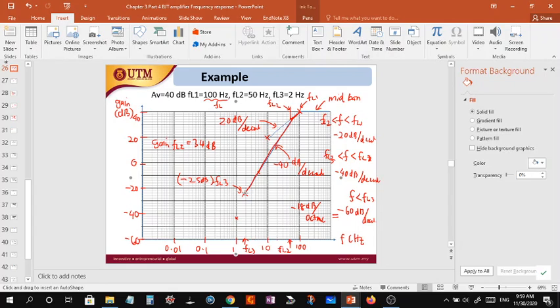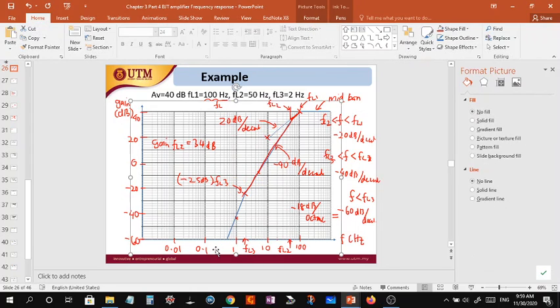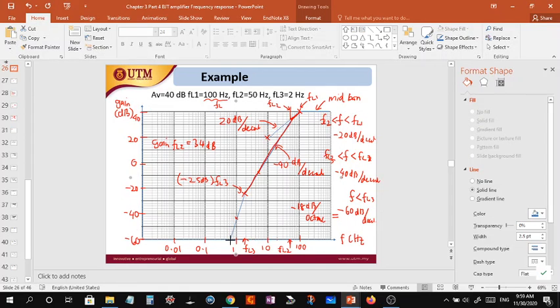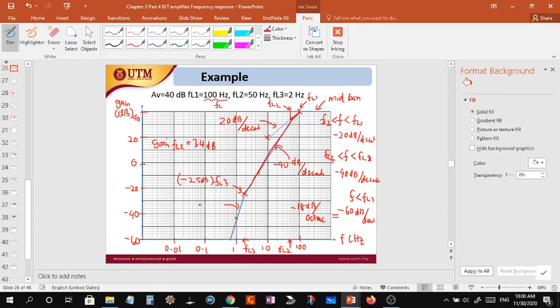So from this line, okay, this is 18 dB per octave or 60 dB per decade.